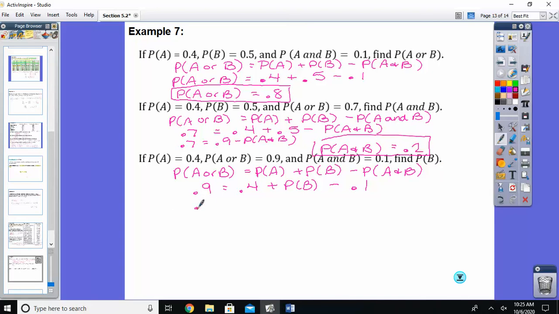So we're just going to solve this equation. 0.4 minus 0.1 is 0.3. Subtract your 0.3 over, and the probability of B is 0.6. Can we handle that? What if I asked you for the probability of not B there? 0.4, 1 minus 0.6.